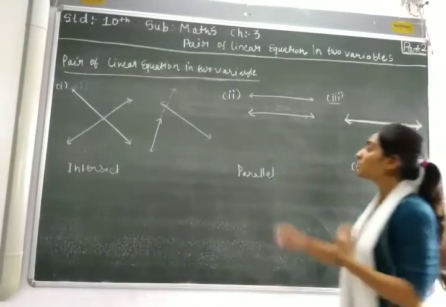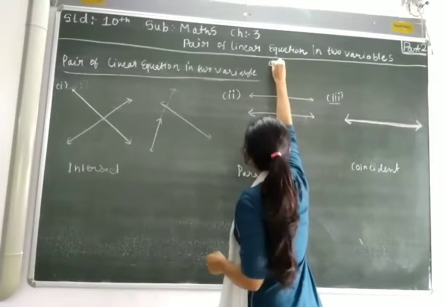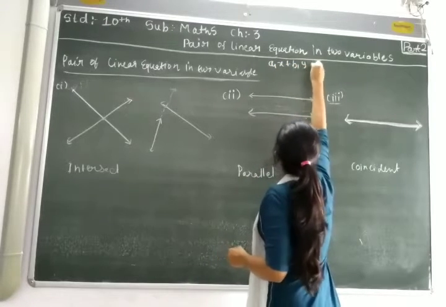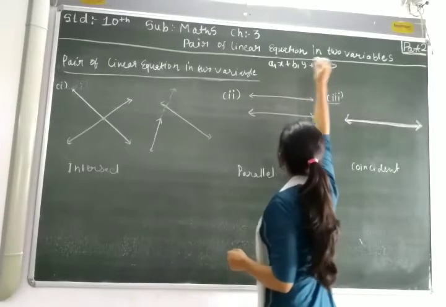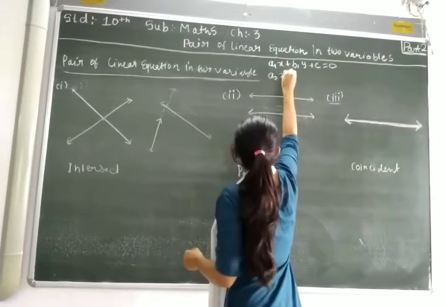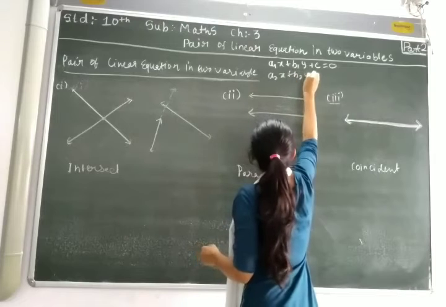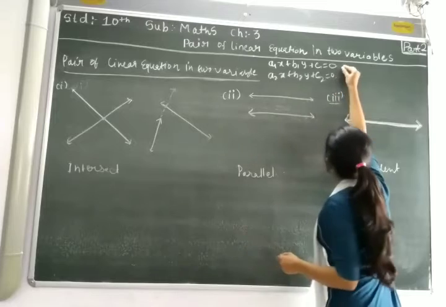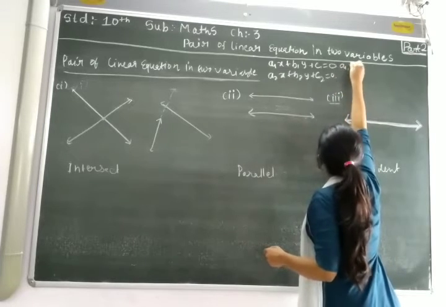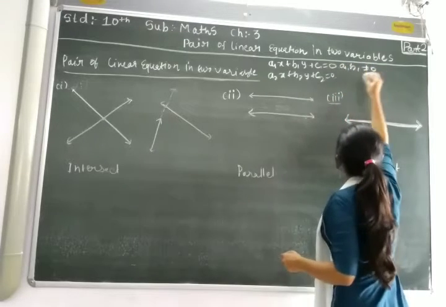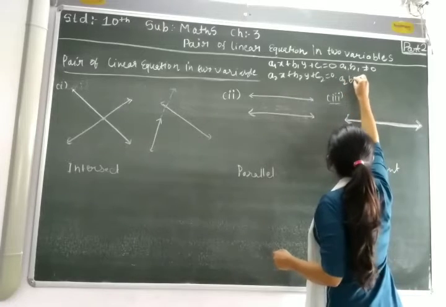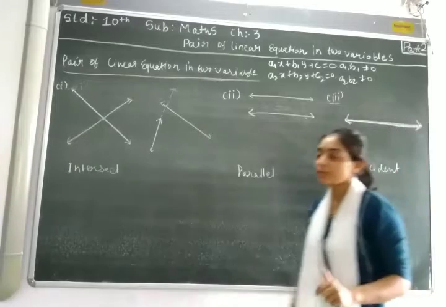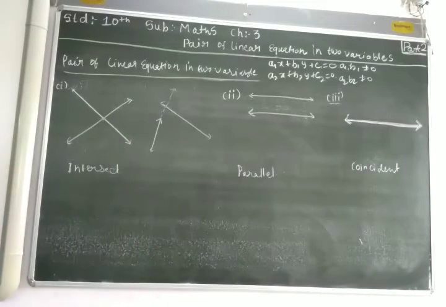We know how to write it in its general form, that is a1x plus b1y plus c1 equals 0 and a2x plus b2y plus c2 equals 0, where a1 and b1 are not equal to 0, a2 and b2 are not equal to 0. That is the only condition we have seen.